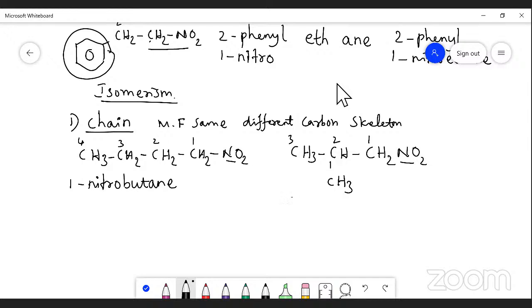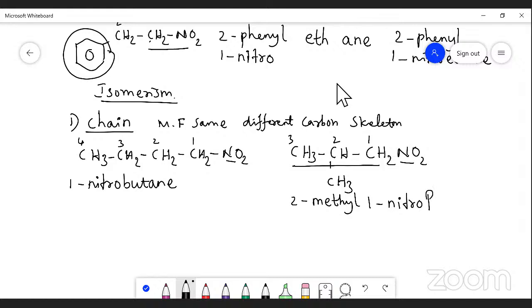So the compound name is 2-methyl, 1-nitro. At the second position is the methyl group, at the first position the nitro. How many carbons in the main chain? There is no need of taking a side chain. How many carbons in the main chain? Only 3 carbons: 1, 2, 3.